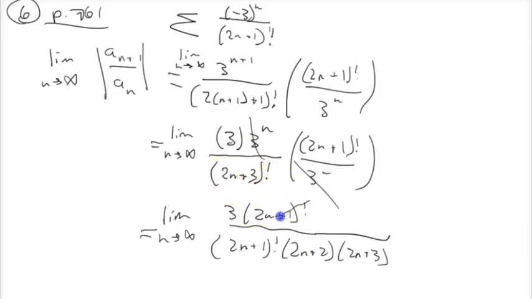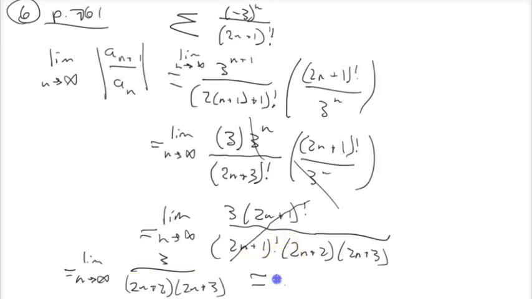Then these factorial expressions cancel out, and what we're left with is the limit as n approaches infinity of 3 over 2n plus 2 times 2n plus 3. Since we've only got n's in the bottom, when we put infinity in there, this whole expression turns into 0. So the limit is equal to 0, which is less than 1, which means that the series is absolutely convergent by the ratio test.